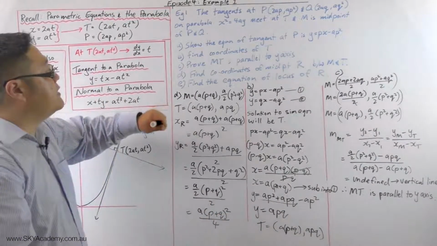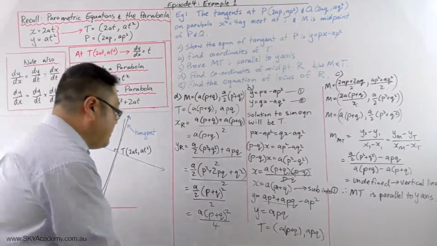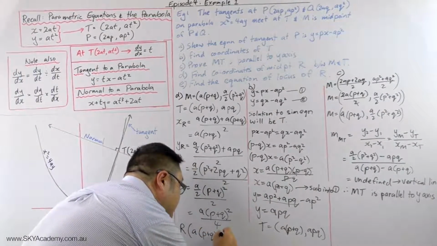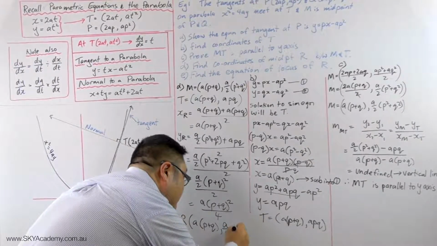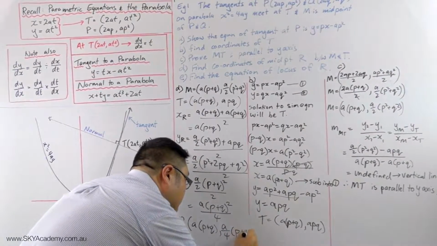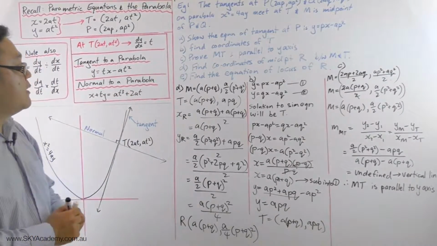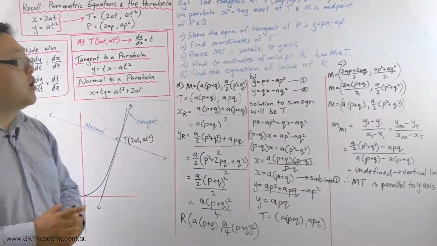Okay, so what is the coordinates of R? All right, the coordinates of the midpoint R are going to be a outside of p plus q and a on 4 outside of p plus q squared. Got that? Cool.